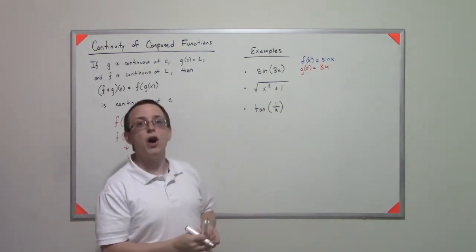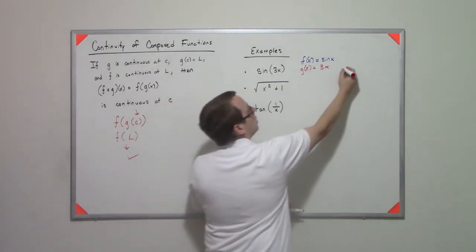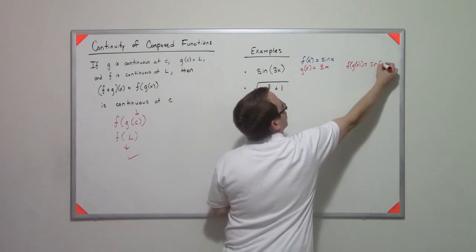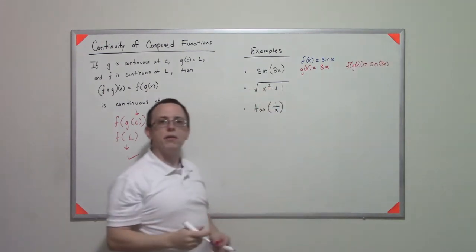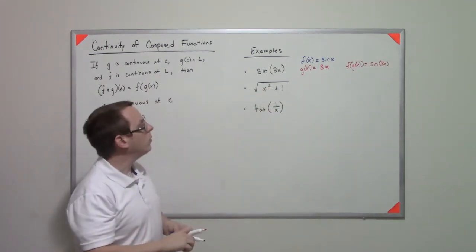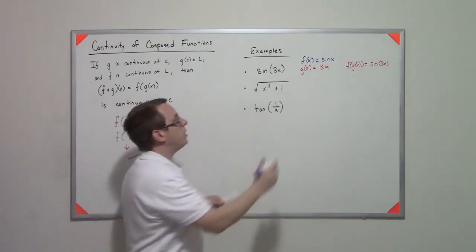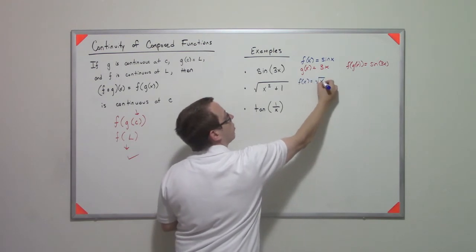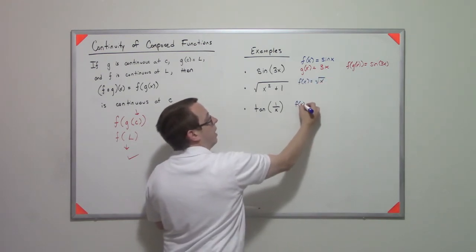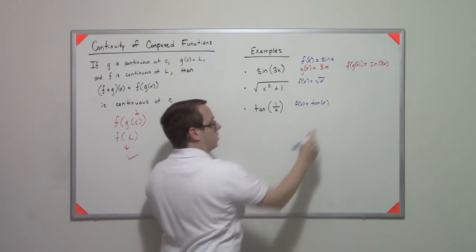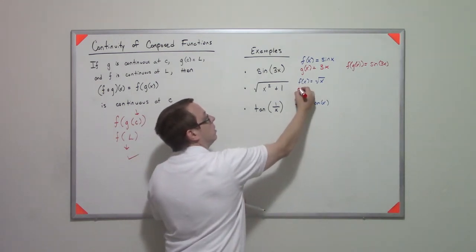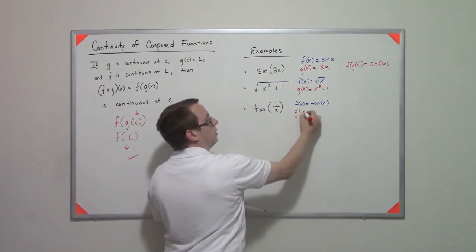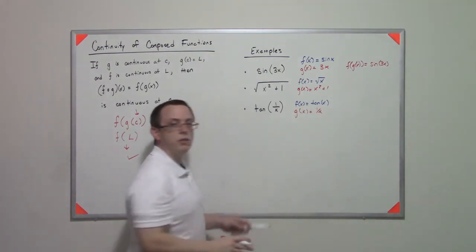So f of g is sine of 3x. And similarly, in this particular case, f of x is the square root of x, and g of x is x squared plus 1. In another case, f of x is tangent of x, and g of x is 1 over x.